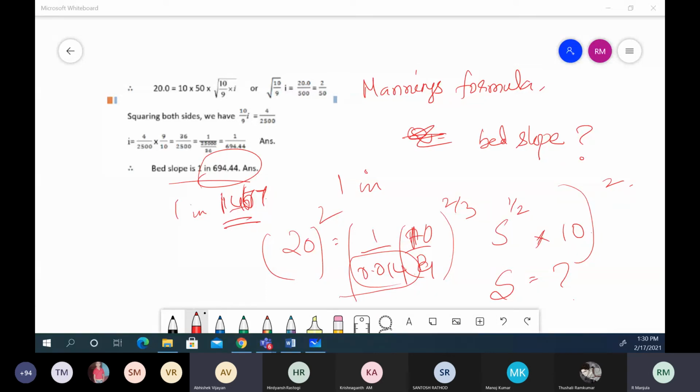So this is wrong. Am I right? 1 in 147. Might be correct. So now if you are taking a circular channel section, one problem we will do, then we will wind up.